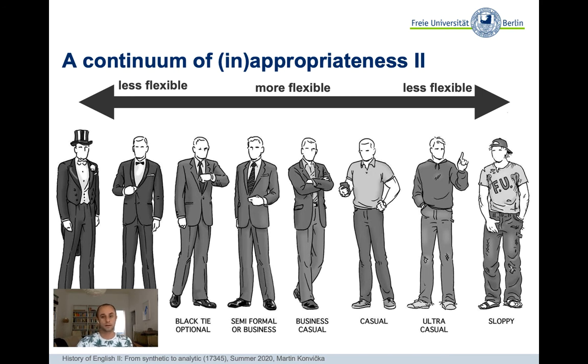On the other hand, if we have a very sloppy style with a dirty t-shirt, a baseball cap, things like that, that would also only be okay and appropriate in a very limited range of contexts. And then there is this sort of mainstream, which would be okay and appropriate in a high number of situations.